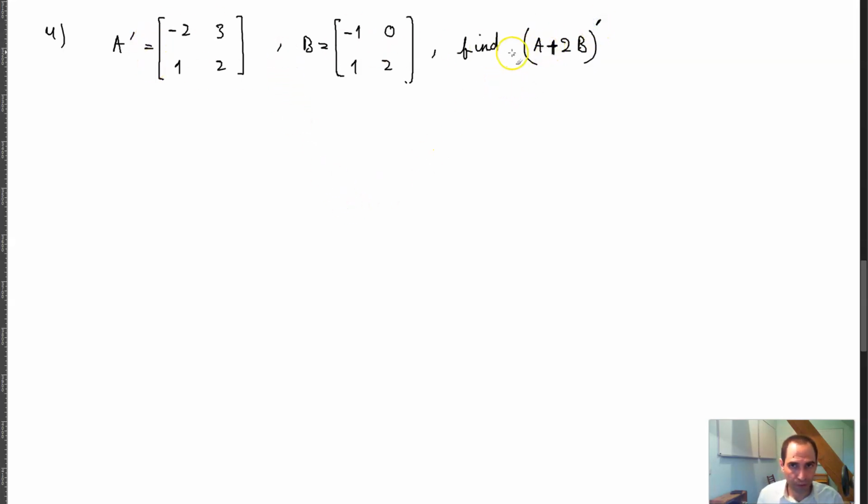So A, based on A prime, if you take the transpose of A prime, you would get A, which is basically the transpose of this matrix, which would be negative 2, 3, and 1 and 2.